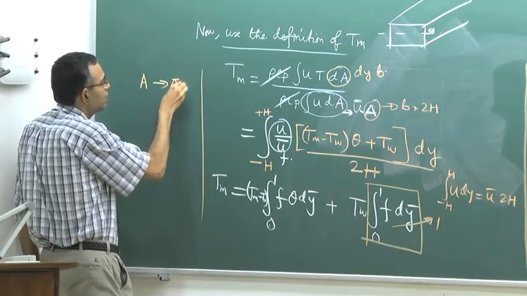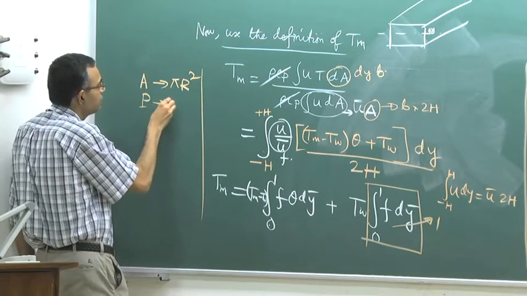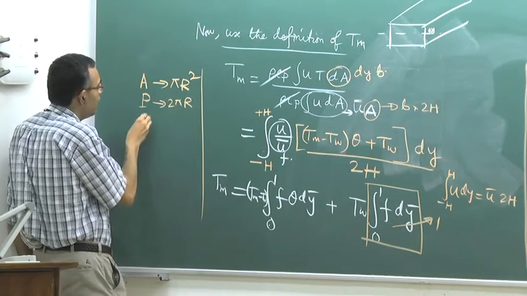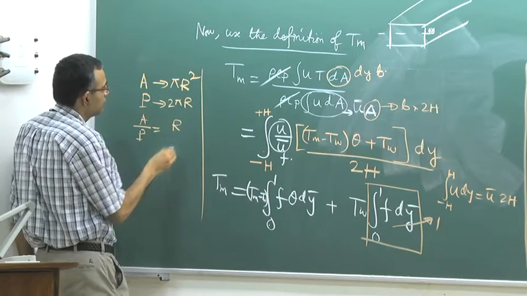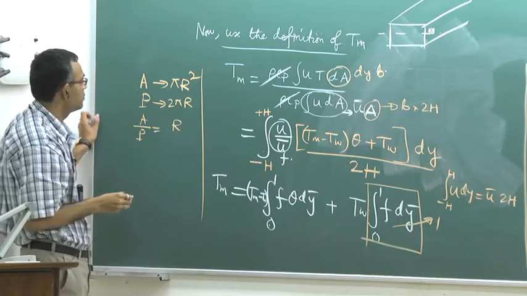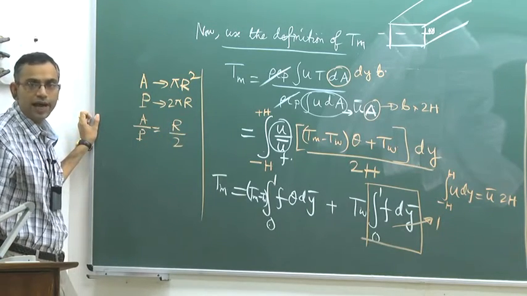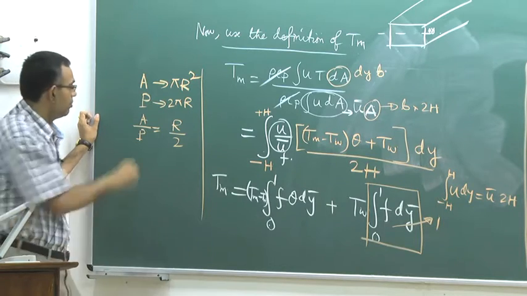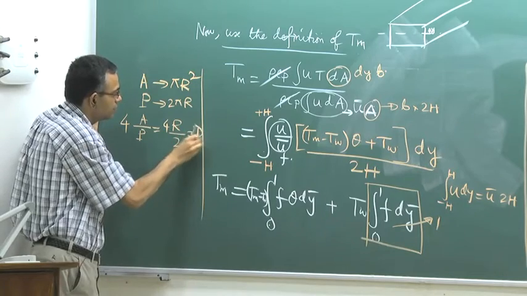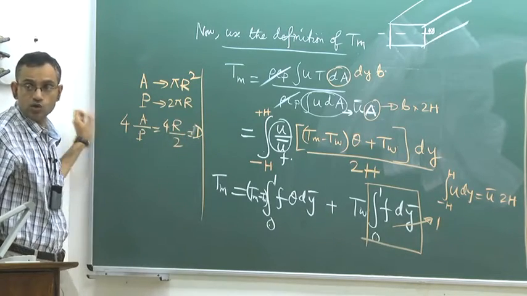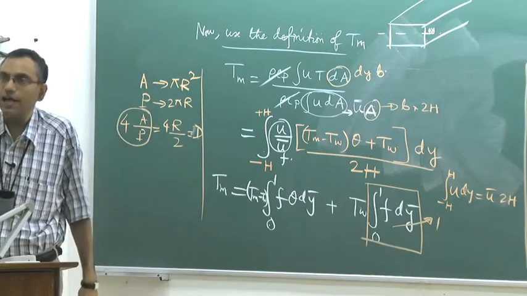Area is pi r square. What is the perimeter? 2 pi r. So what is area by perimeter? How can you get diameter from here? Multiply by 4. So 4 into area by perimeter for a circular pipe is the actual diameter.